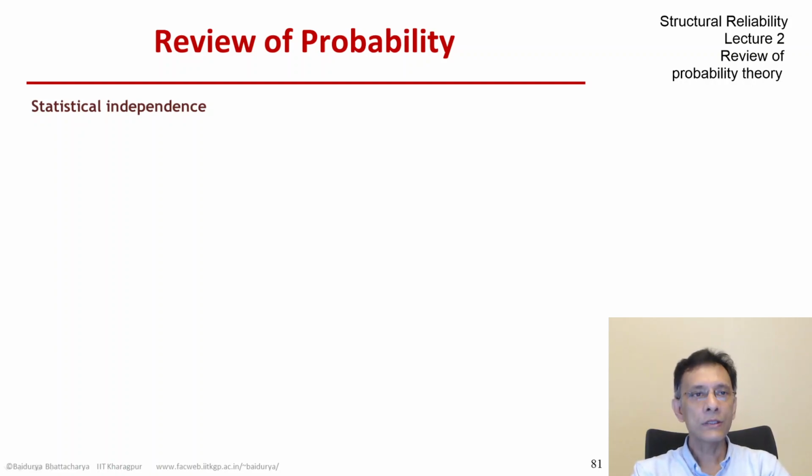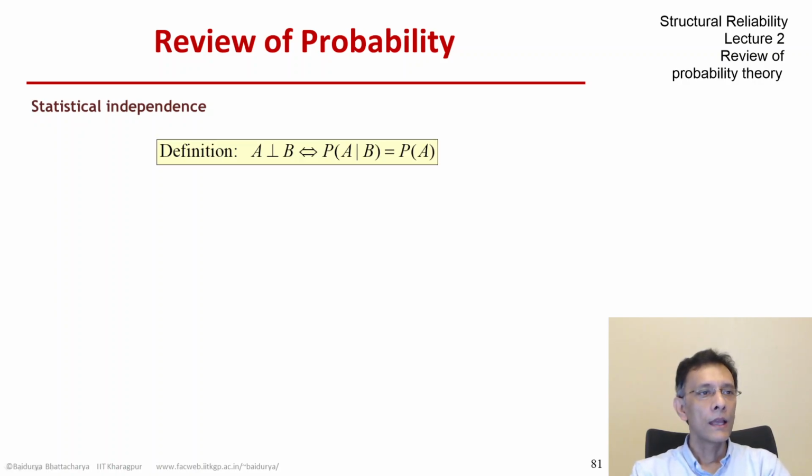Now, two events are said to be statistically or stochastically independent if and only if the probability of occurrence or non-occurrence of one is not affected by the knowledge of occurrence or non-occurrence of the other. This is the symbol we use.